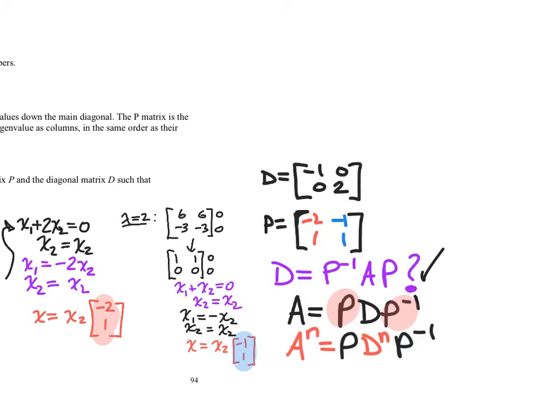The reason that's a good thing is because it's very easy to find a diagonal matrix raised to a power. I'll just give you a quick example, on the calculator just to make it easy. Matrix D is the result, right?